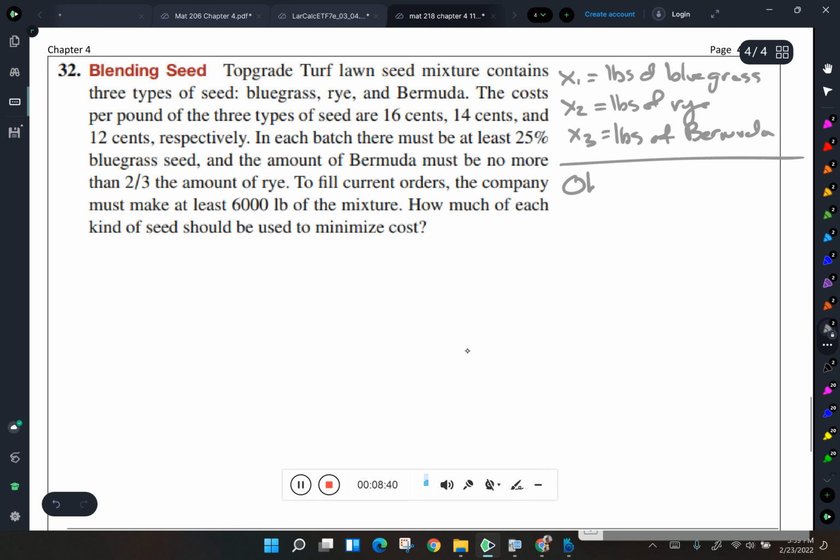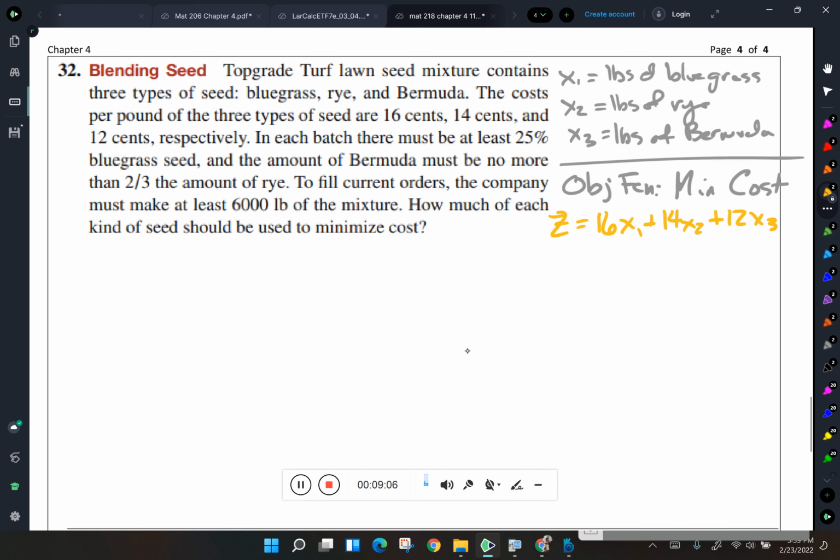I have an objective. My objective function is to minimize, again, so another non-standard one, minimize cost. So I'll write an objective function, z equals 16x1 plus 14x2 plus 12x3, and I'm remembering, by writing it like this, the answer that I get for z is going to be measured in pennies.